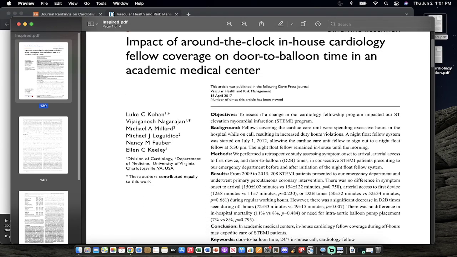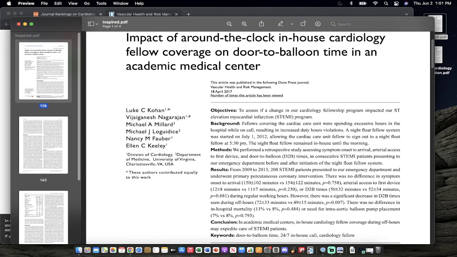From reading just the abstract, you will see that this study was conducted at only one academic center, not a multi-center study, and that it was taking a look at the cardiac unit's response time in hours to the hospital on call, and how the patients did with STEMI and other comorbidity factors.